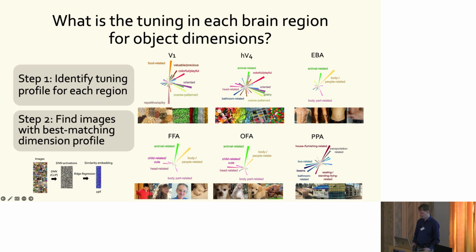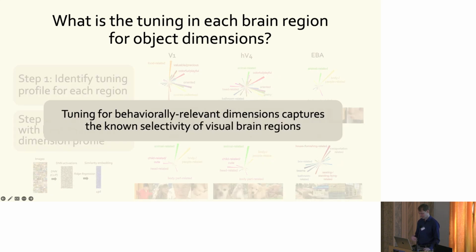And if you go to these category selective regions, you find body parts in EBA, you find faces in FFA. In OFA, we find more animal faces, and in PPA, you find something more related to scenes, even though we didn't intentionally include scenes here, it's just something that fell out of this. So this tuning for these behaviorally relevant dimensions really seems to be capturing the known selectivities of these different regions.